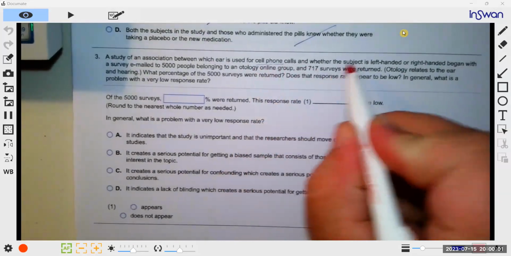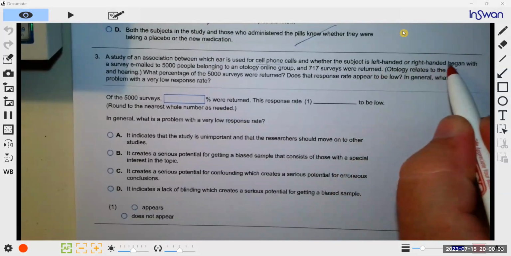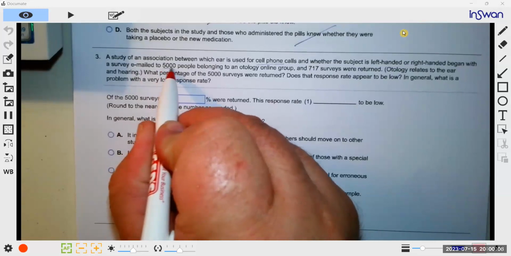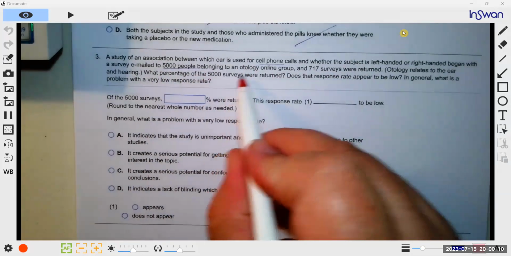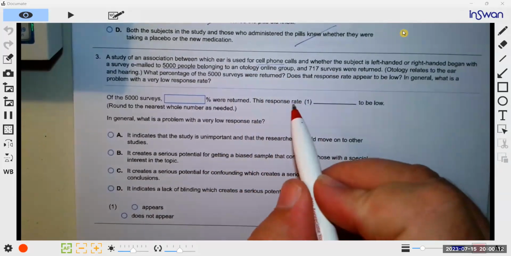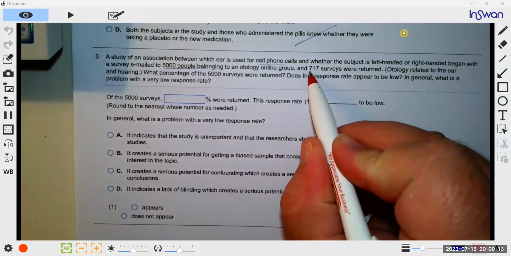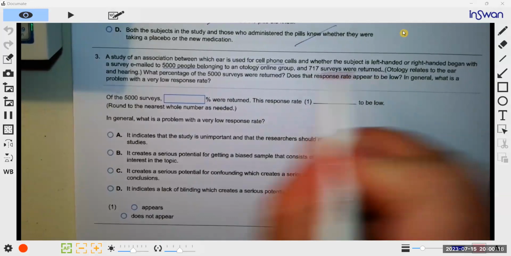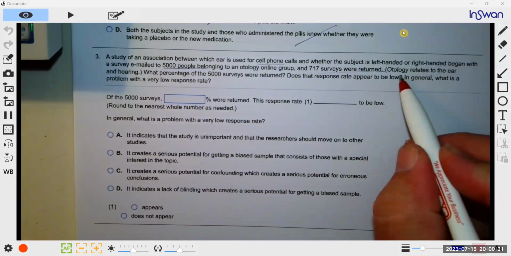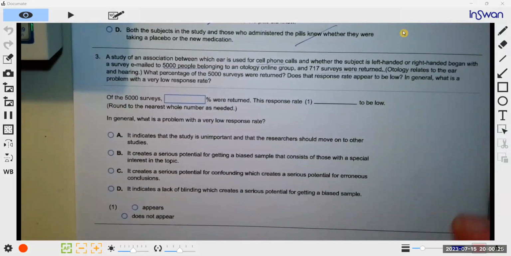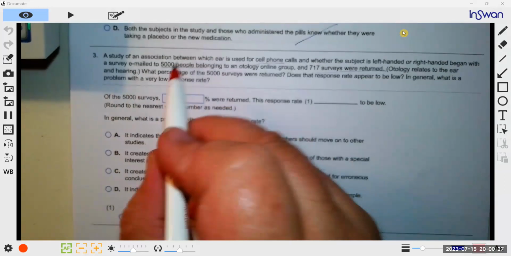Which ear for your phone call, and whether the subject is left-handed or right-handed, began with a survey emailed to 5,000 people belonging to an otology online group, and 717 surveys were returned out of the 5,000. Otology relates to the ear and hearing, so it's the ear, nose, and throat people.